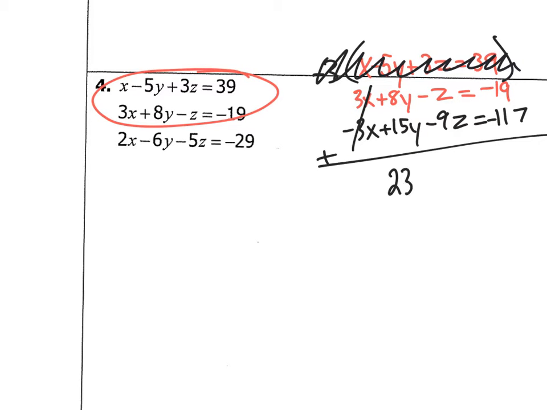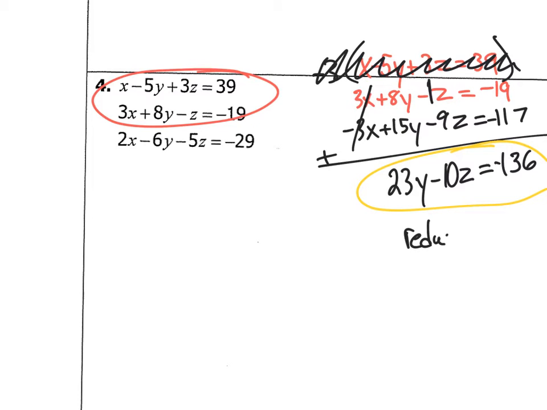I'm left with 23y minus 10z equals, I would get 16, carry the 1, so that would give me -136. And now what I have here is what is called my reduced equation, or reduced system.